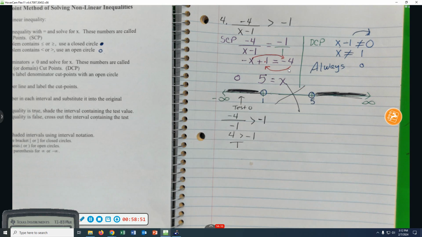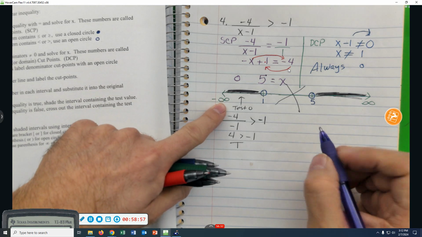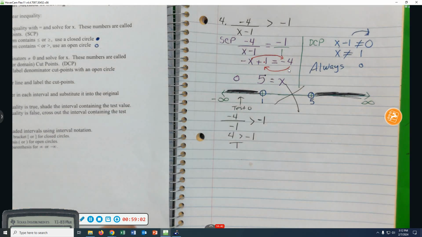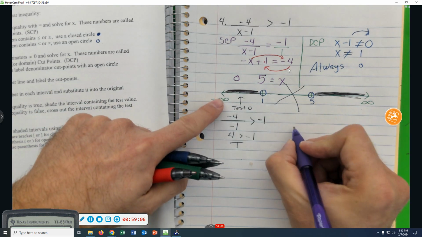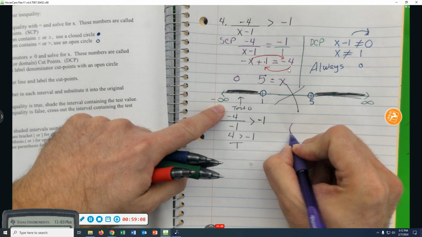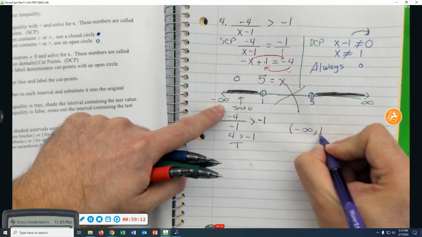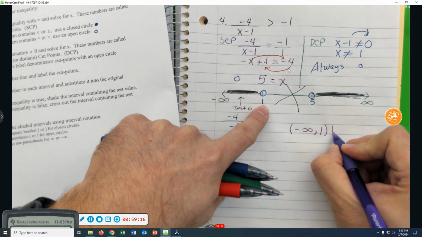Okay. So now write the interval notation. You've got to start with the negative infinity. Don't start with the 1. You go left to right, looking at the shaded intervals, not the crossed out. So it's going to be parentheses, negative infinity, comma 1, parentheses, then a union.